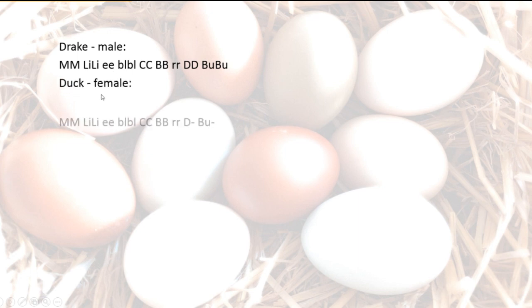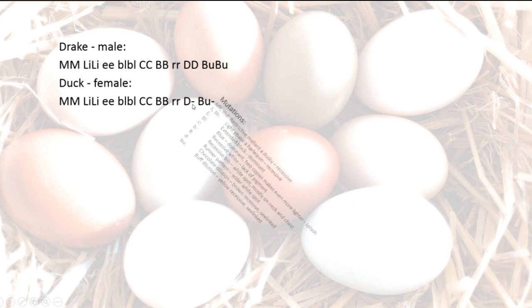The duck, the female, is nearly the same except the D and BU, that means the chocolate dilution and buff dilution. There's a difference between the drake and the female duck because they are sex-linked and attached to the Z chromosome. We will talk about this later.